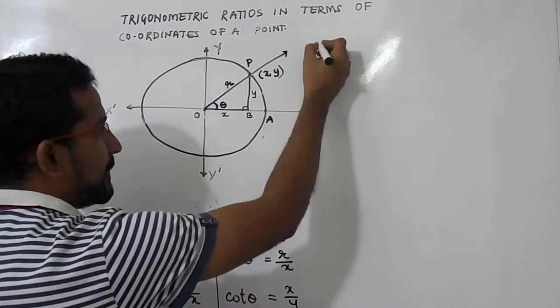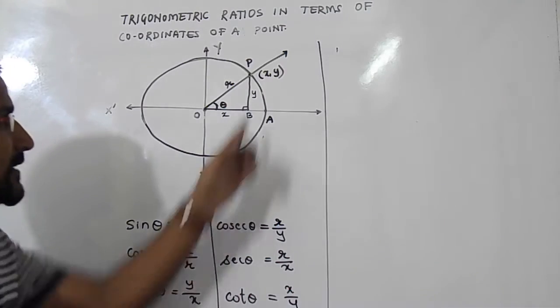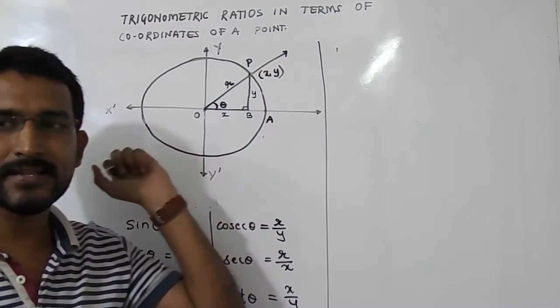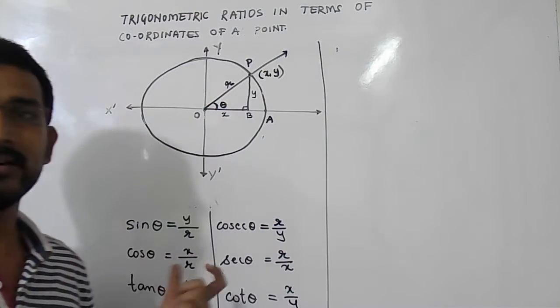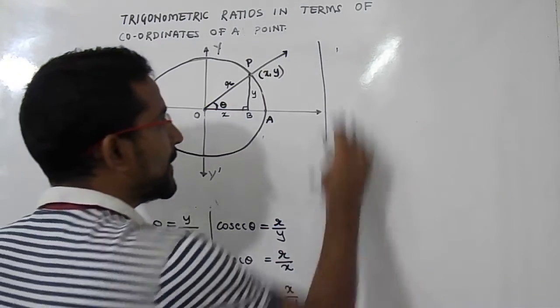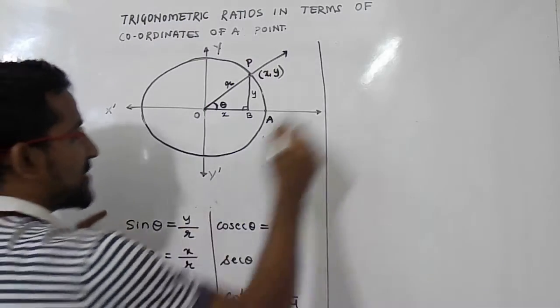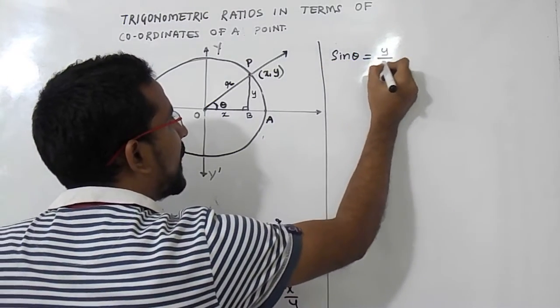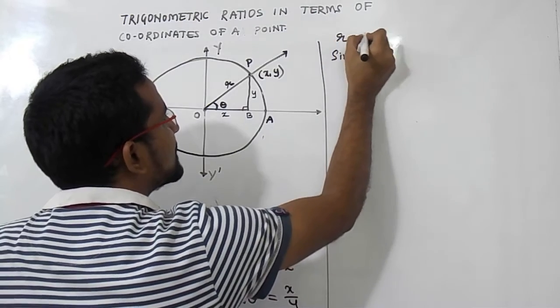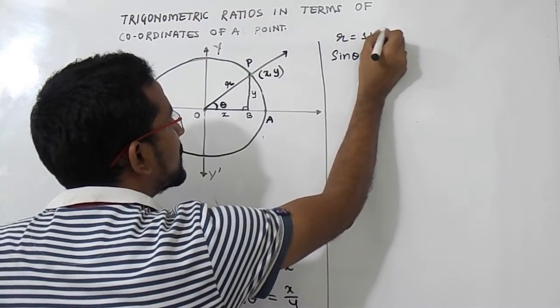For example, the circle that we have taken here has radius r. Now we'll take it as a unit circle, which has radius equal to 1 unit. What will these functions become? Sin theta is y by r, and r is equal to 1 unit.